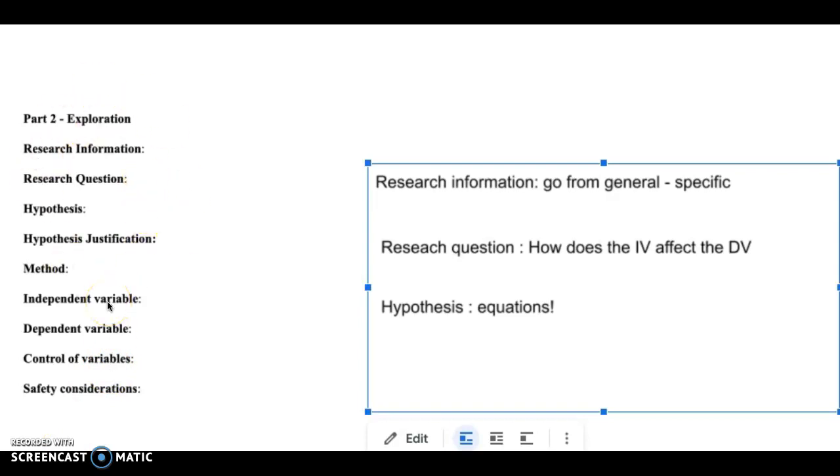The second part is your methodology. And this is more specific. What I need you to do for your methodology is to state your variables and think very, very carefully about this. Your independent variable, your dependent variable, and how you're going to measure it, in what units you're going to measure it, and state your uncertainty in your measurement.